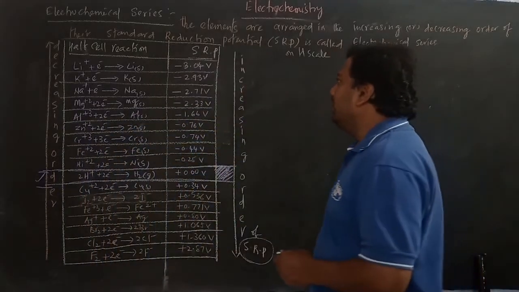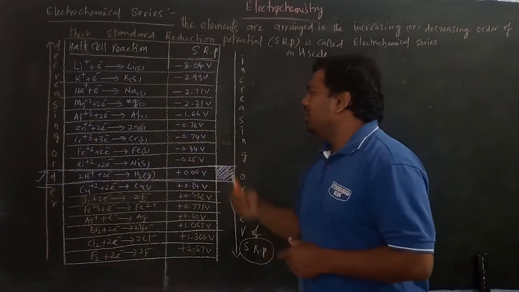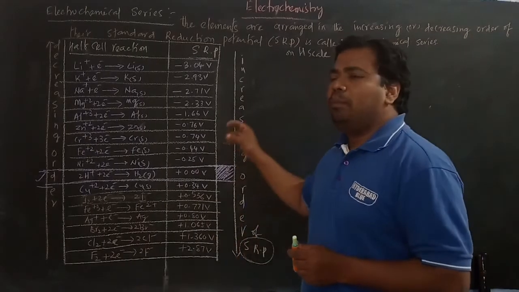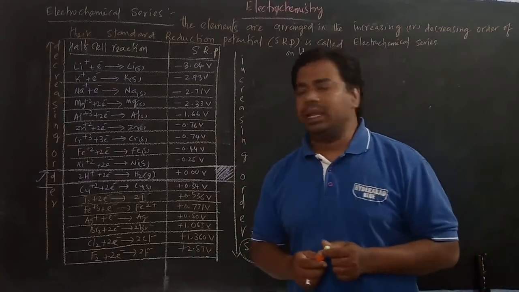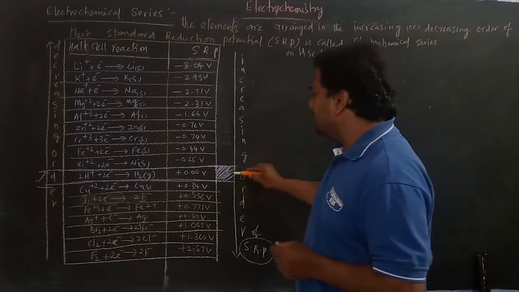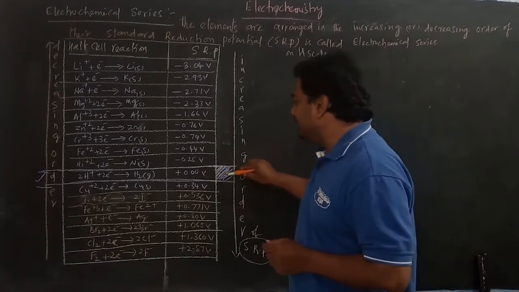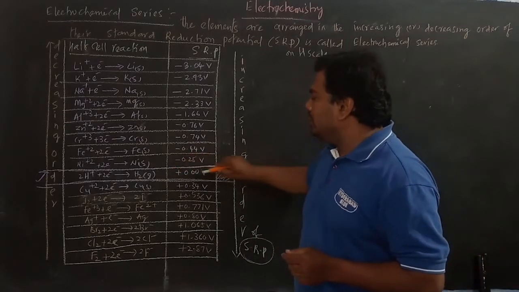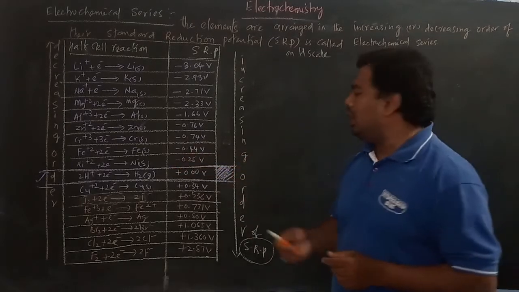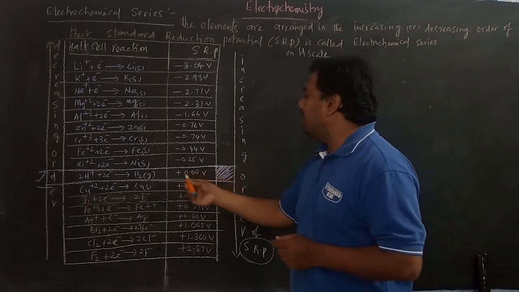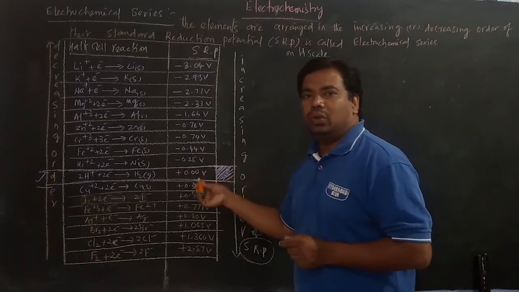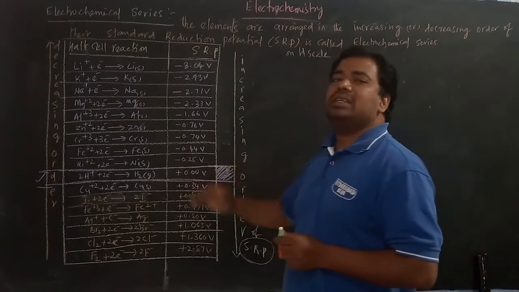Here we will discuss some important points or applications of the electrochemical series. You can see the middle one is hydrogen. This is the standard hydrogen electrode. The standard reduction potential of the standard hydrogen electrode is 0.00 volts. This is a reference electrode.